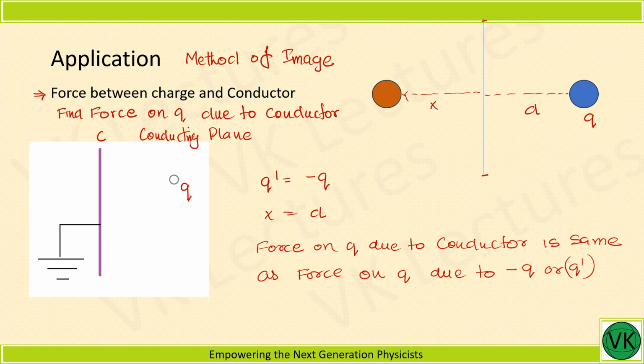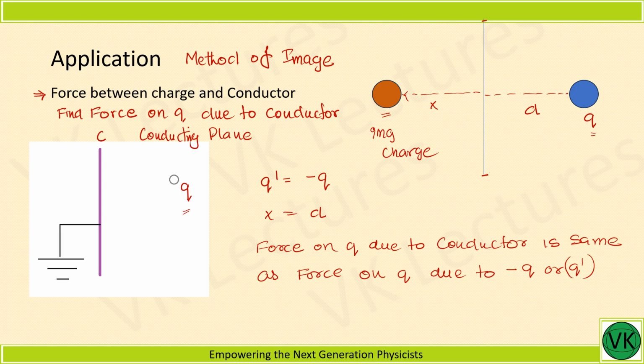So if we have a conducting plane like this, the force exerted by this conducting plane on the charge q will be same as the force exerted by this imaginary charge on the charge q.